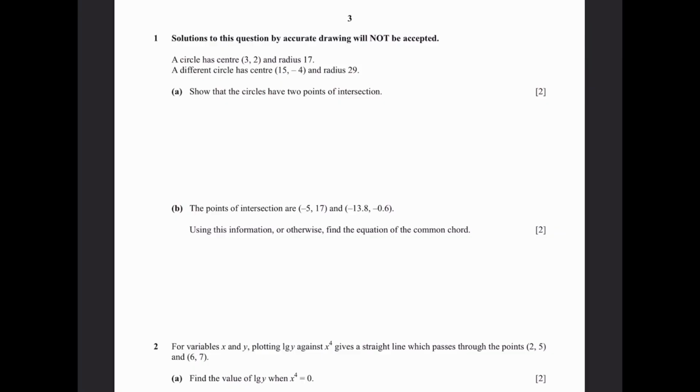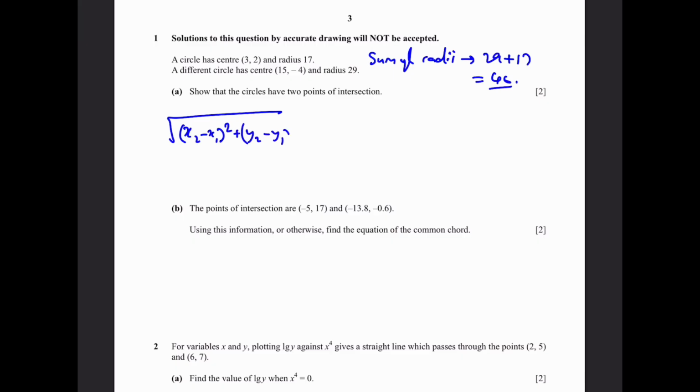So we can find the sum of the radii. That's 29 plus 17, which is equal to 46. Now let's find the distance between the centers. So doing this is x2 minus x1 the whole squared plus y2 minus y1 the whole squared, and we take a square root of the whole thing.